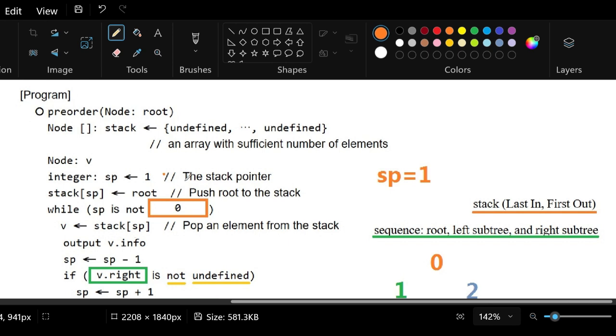Okay, here the pointer is saying that it's at 1, and the pointer at 1 is set to be the root.